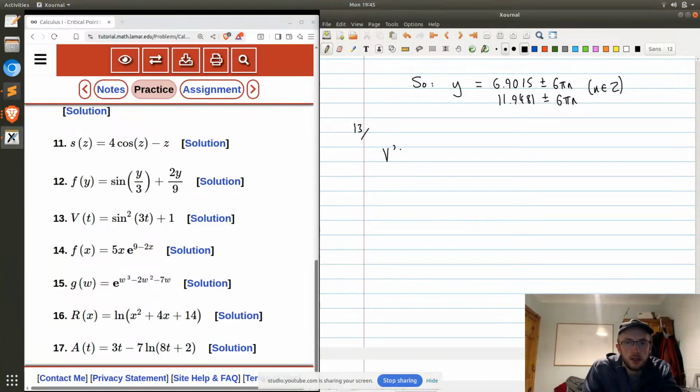First, differentiate. Three cosine of 3t.